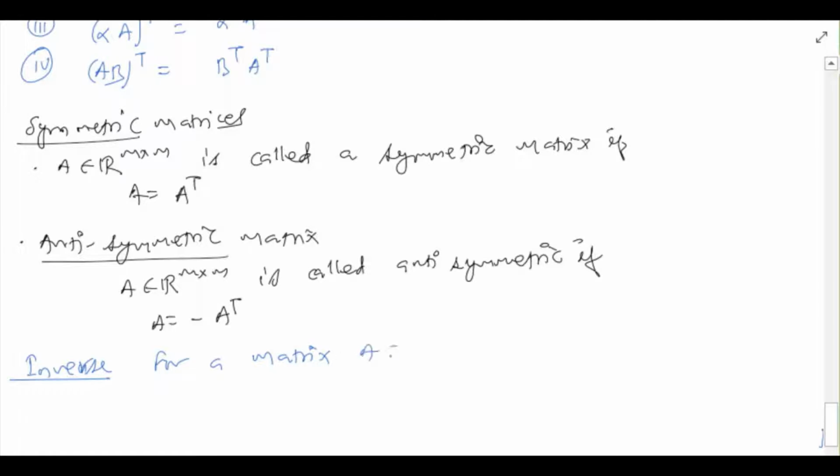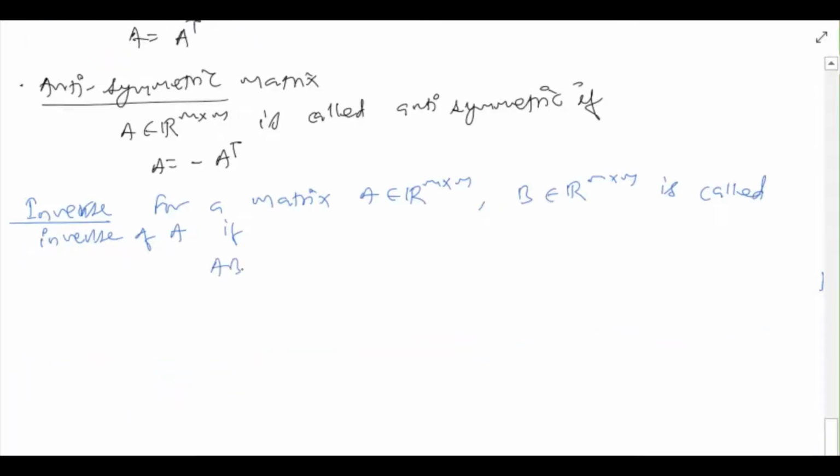So for a matrix A that is an M cross M matrix, the matrix B, which is again an M cross M matrix, is called inverse of A if product of A and B is identity matrix, and in this case it is also equal to product of B and A. So if AB equals BA equals I, I would say that B is inverse of matrix A.